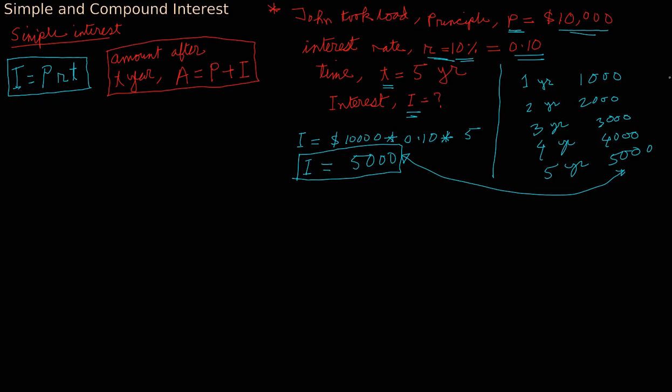So for this particular problem, what is the amount of money John has to pay back? A is P plus I, and P is $10,000 and I is $5,000. So the total amount he has to pay back is $15,000 after 5 years to the bank.